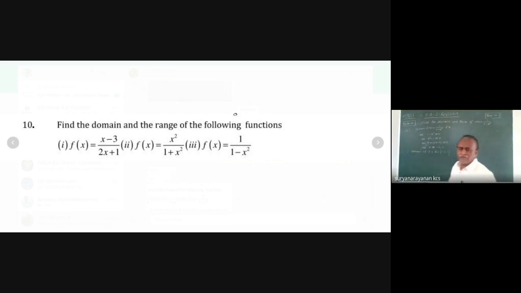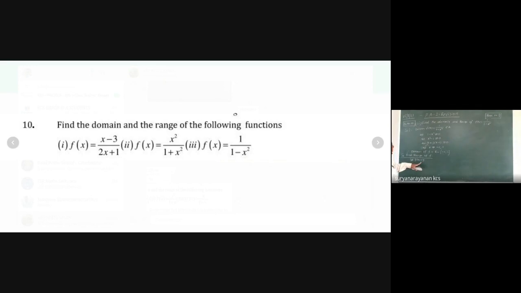Now let us take range. Second point, finding the range. Previously I told you f of x is equal to y.